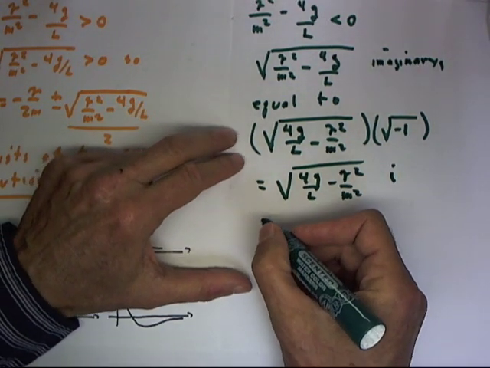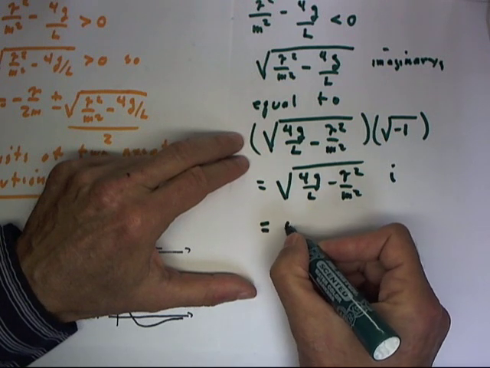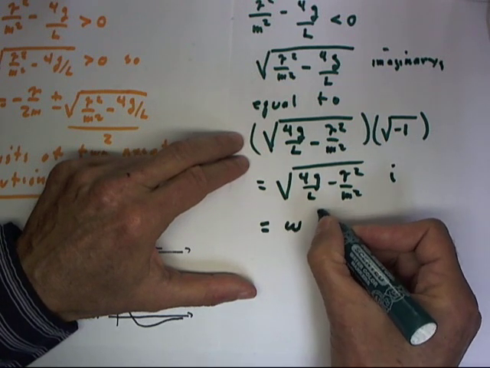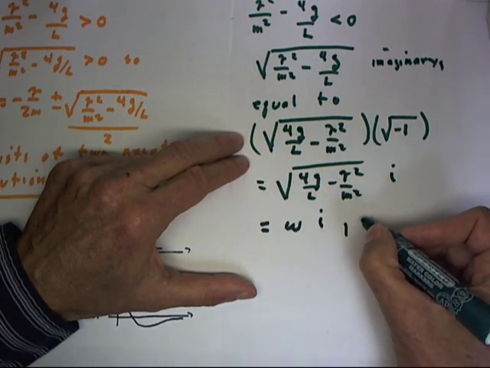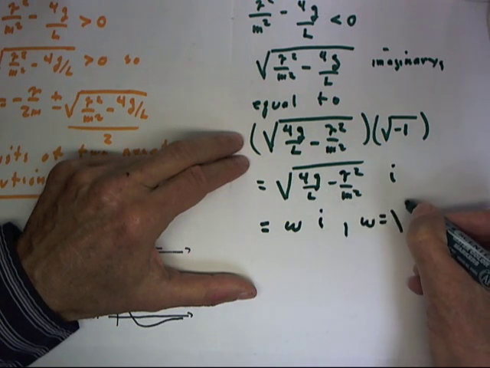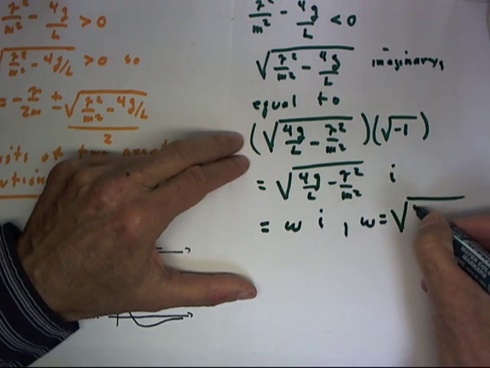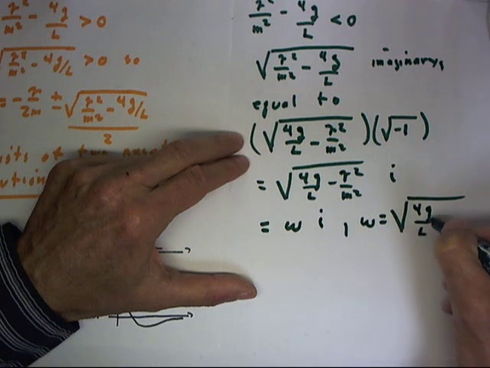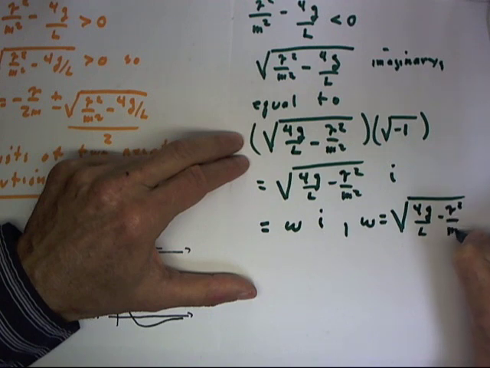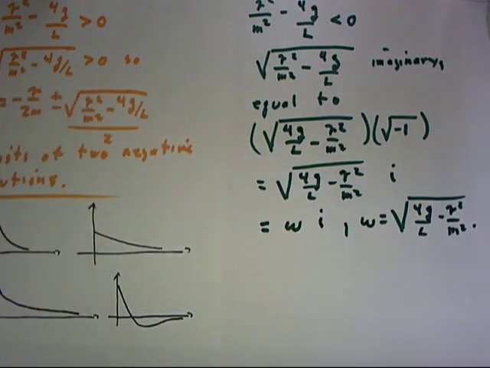And we're going to call that then omega I, where omega is just the square root of 4g divided by L minus gamma squared over m squared.